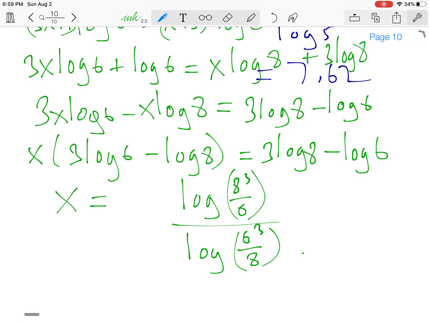Okay, so 8 cubed divided by 6 is going to be the log of 85.33 repeated, over 6 cubed divided by 8, which is log of 27.